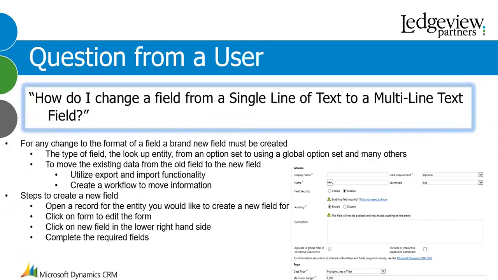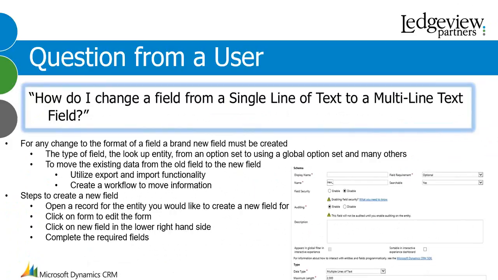What you do is you leave both fields on the form. Run an advanced find to locate everything that has data in this field for the single line of text. And then you can utilize two things. You can do the export-import functionality. So export the information out, copy and paste the information from the single line text field to the multiple lines of text field, and re-import.